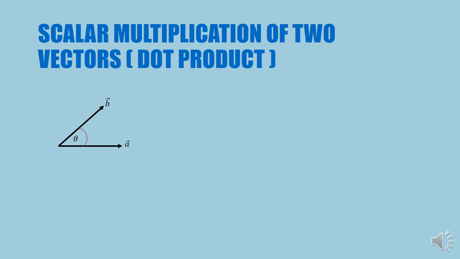Okay, let's just say that I have two factors, A and B. Well, theta is the angle between A and B. So what is the dot product of these two factors? It's described as this one.